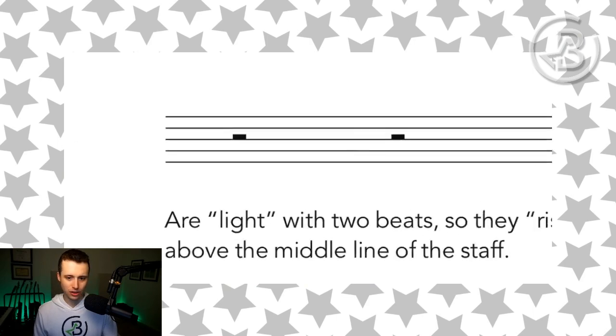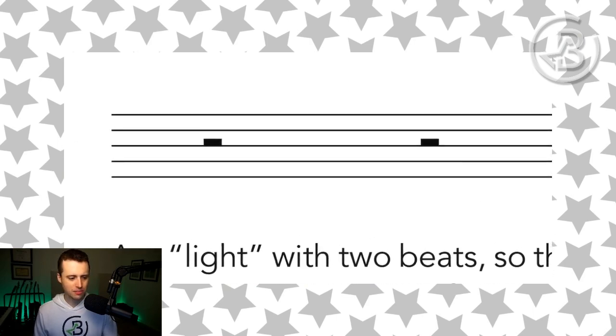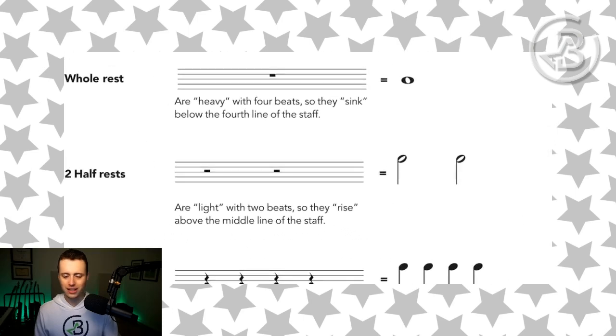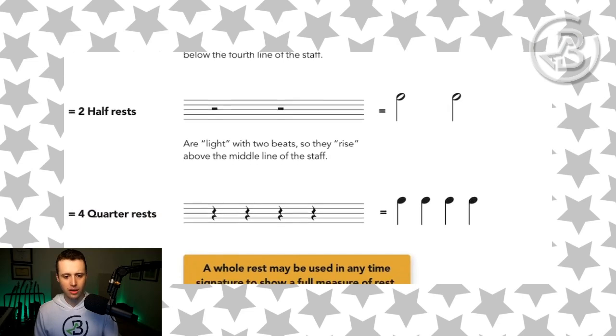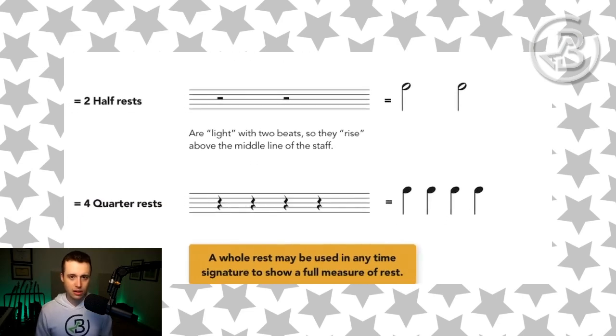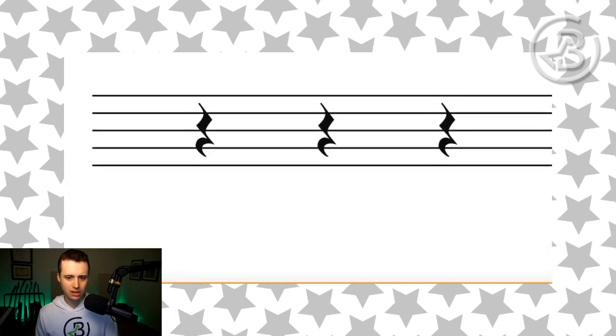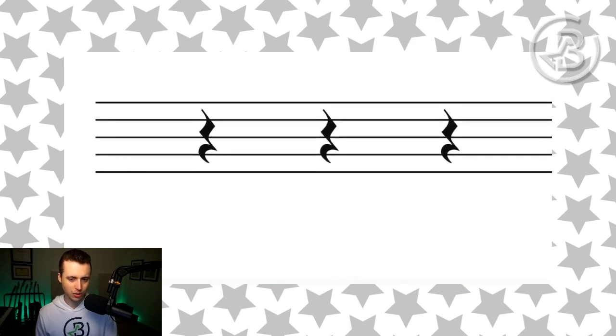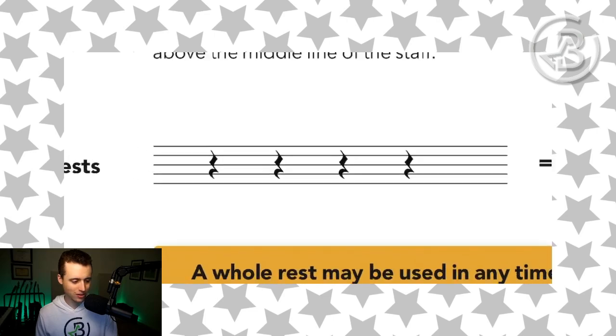Let's take a look at those. Zooming in. Yep, they look kind of like whole rests, but a little different. So half rests, 2 beats, 2 counts. And then we also have quarter rests, which get 1 beat or 1 count each. Let's zoom in, take a look at those. Oh, those are complicated looking, aren't they? Scary things, quarter rests, but don't worry, we're going to walk you through how to write this.